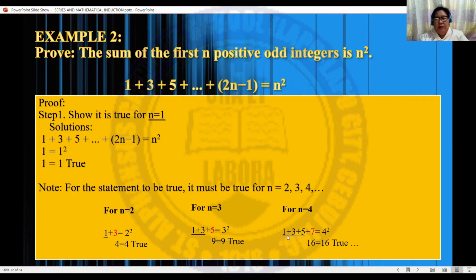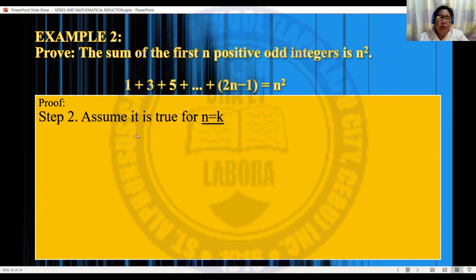So, next to 5 we have 7. So 1 plus 3 plus 5 plus 7. By this time our n is 4, so it's 4 squared, which is 16, and 1 plus 3 plus 5 plus 7 is equal to 16. Therefore, 16 is equal to 16. It's also true, and so on and so forth. For step 2, we have to assume that it is true for n equal to k.